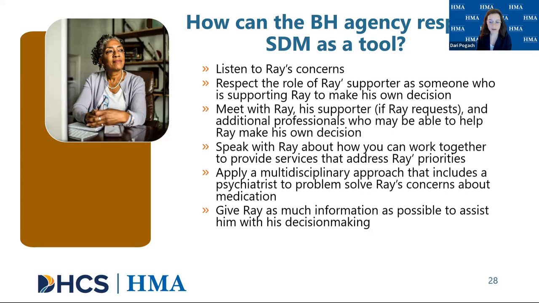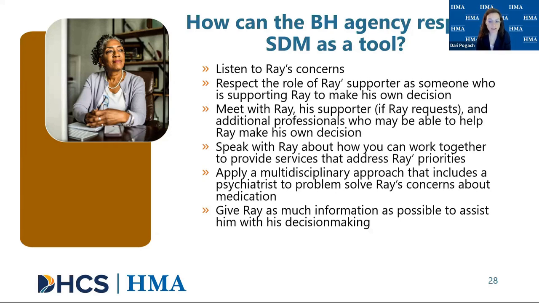And apply a multidisciplinary approach that includes a psychiatrist to problem solve Ray's concerns about medication. So this is really about that care plan meeting or that treatment team meeting where Ray is an integral part of the process. His supporter is there if he wants his supporter there too. And they're going over the pros and cons together of the decision. They're discussing the treatment, and Ray is articulating his concerns, his questions about medication.